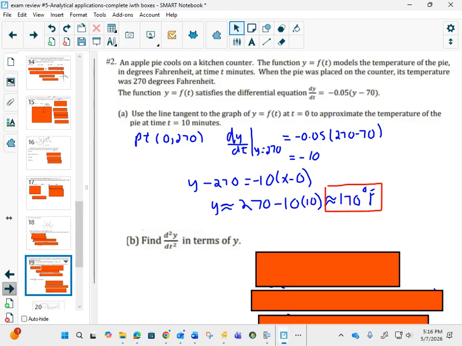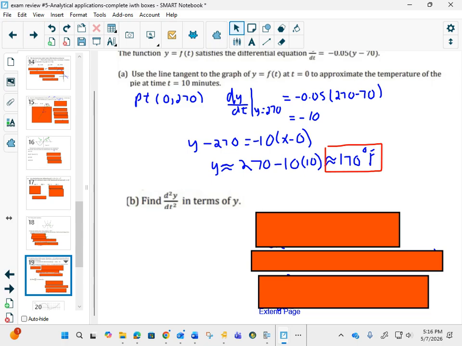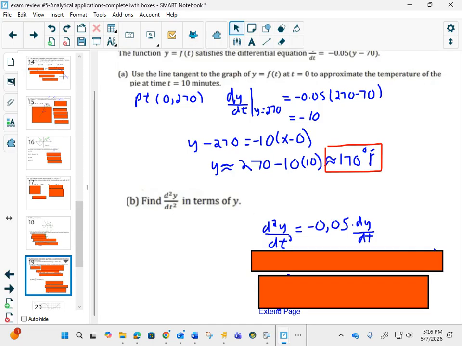Find the second derivative in terms of y. What do you have to do to find a second derivative? Take the derivative of the first derivative. But the first derivative has a y in it, not a t. So we have implicit differentiation.